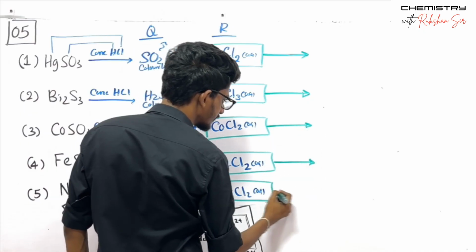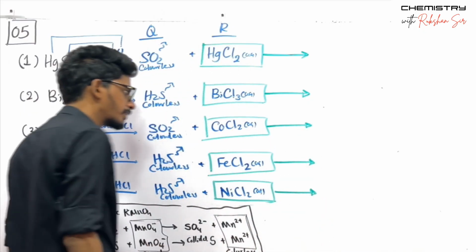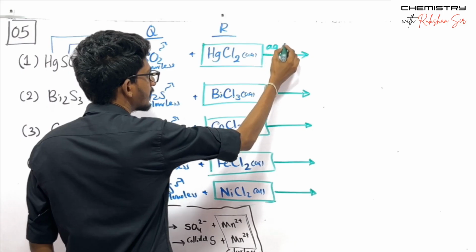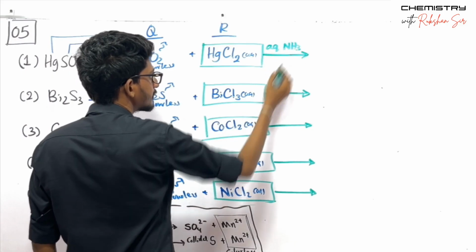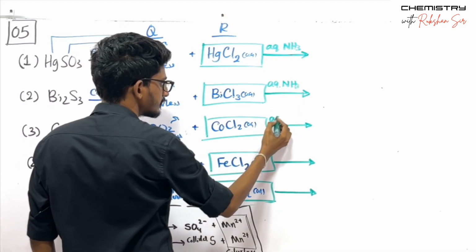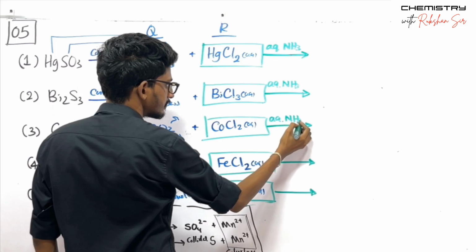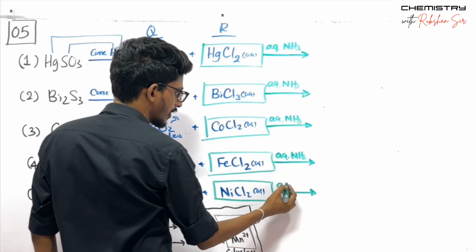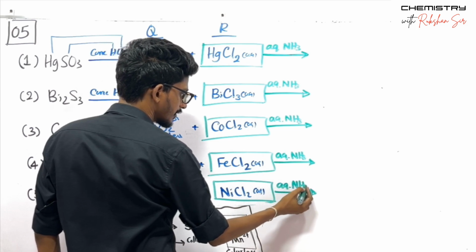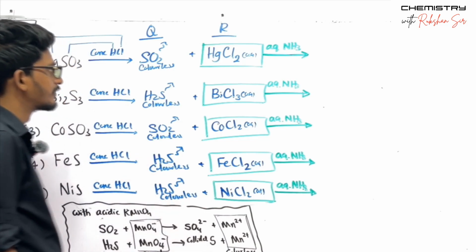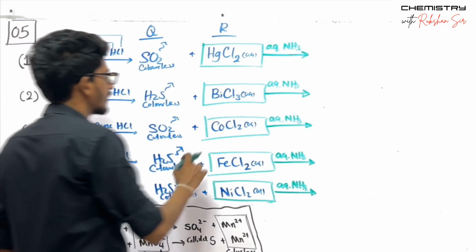A base means an increase in the OH- concentration of the solution. That means you can precipitate the hydroxides, if the hydroxides are to be precipitated there.